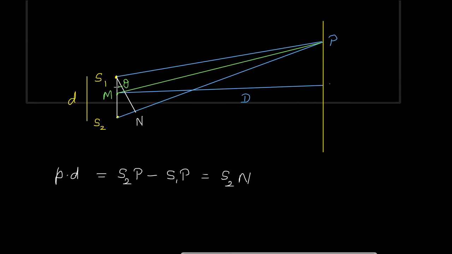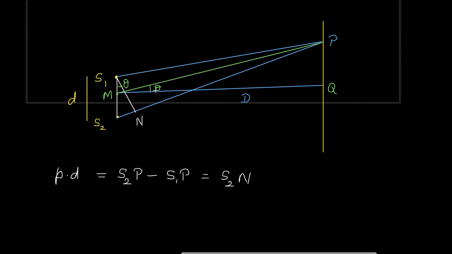Or S1S2 and MQ are normal. So between S1S2 and S1N, the angle is theta. Between their perpendiculars, the angle must be theta.